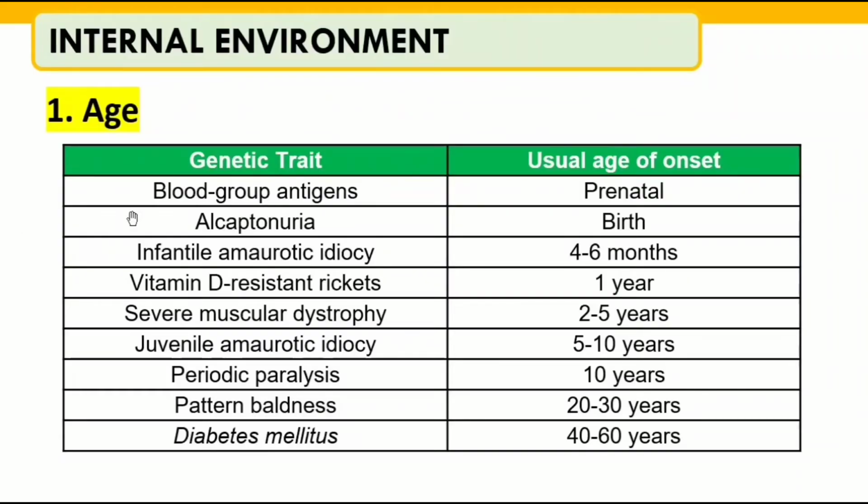So, at different periods of the lifespan of an individual, may mga na-express, no, na genetic traits. They are not readily expressed at birth. Some are expressed even at age 60 years old or even at age 30 years old. Parang sa pattern baldness.